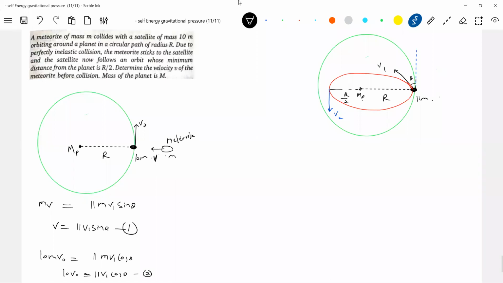Any other equations we can write? Applying conservation of angular momentum between the collision point and the perigee and apogee. About the planet, 11m v1 cos theta times r should be equal to 11m v2 times r by 2.